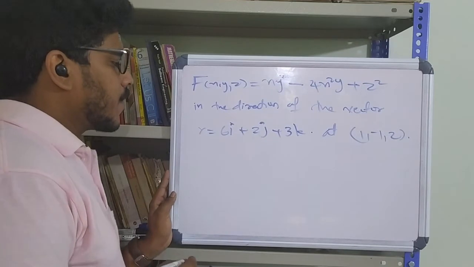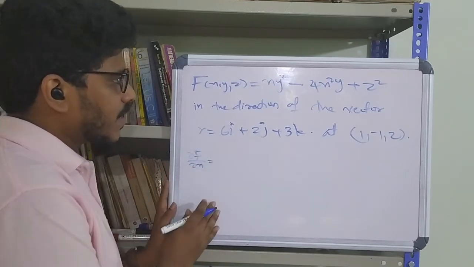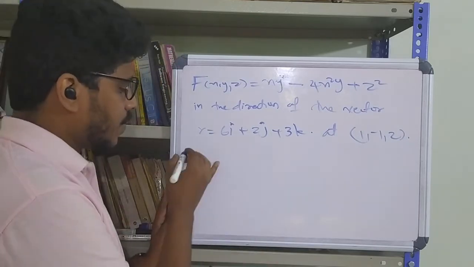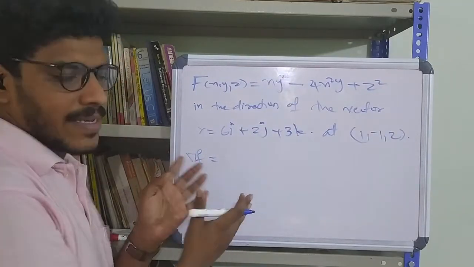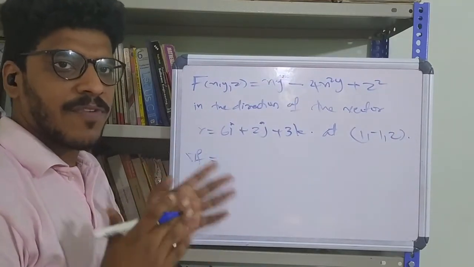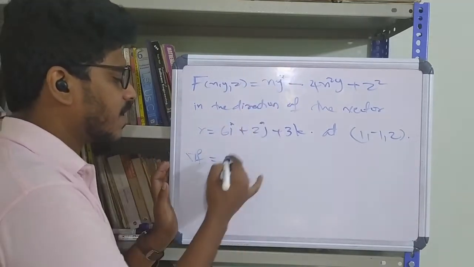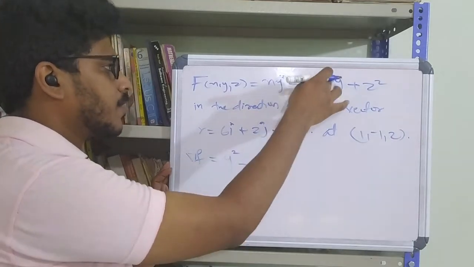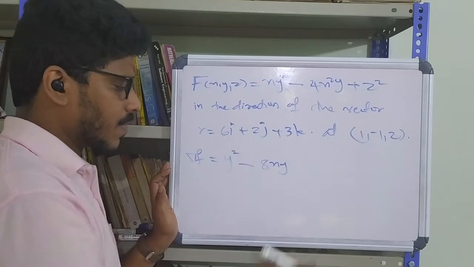So what is dou f by dou x? Grad f equals dou f by dou x i. We keep y and z as constants and differentiate with respect to x. So the first term will give y squared minus 4 into 2x into y, so it will be 8xy, plus 0.